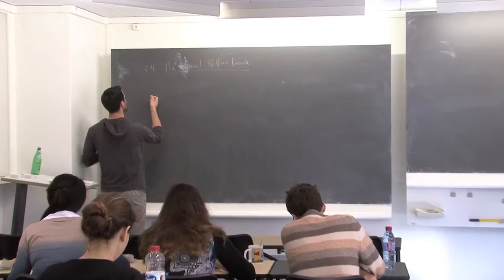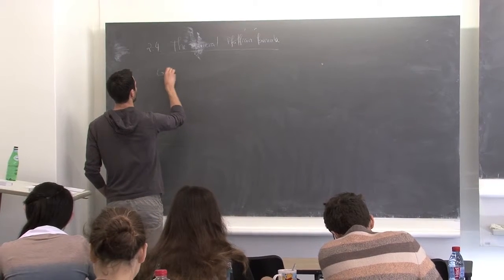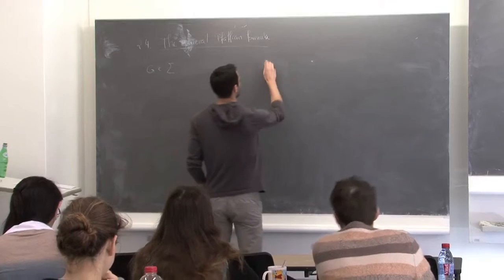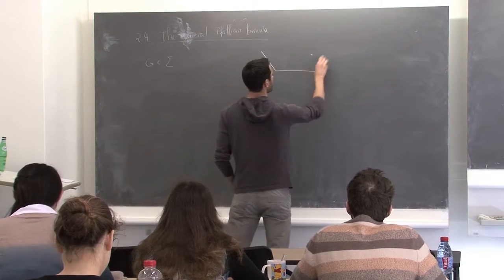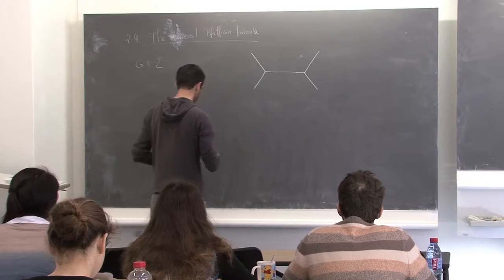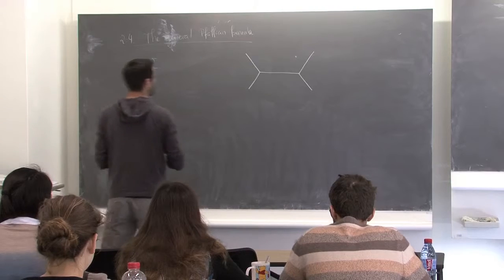So we had fixed a graph G in a surface, and we had devised a rule to associate to a given perfect matching.